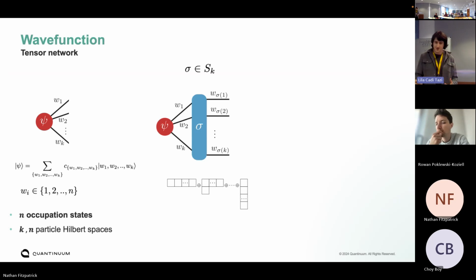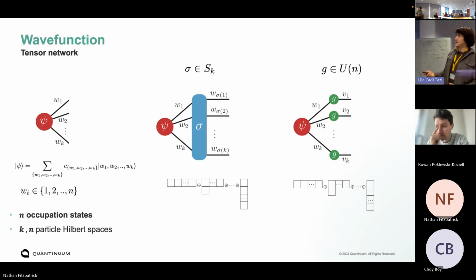But also, because these single particle Hilbert spaces have dimension n, they can be acted on via a group element of the unitary group of n by n unitary matrices. So you can represent this as each basis state getting rotated by some arbitrary unitary transformation. It's a very nice way to represent this.